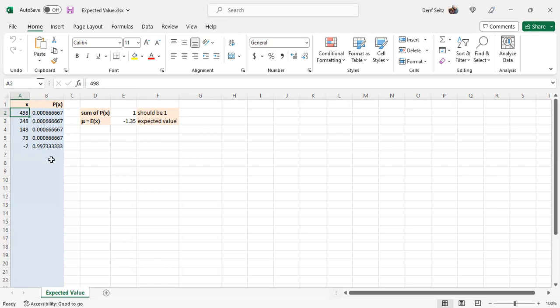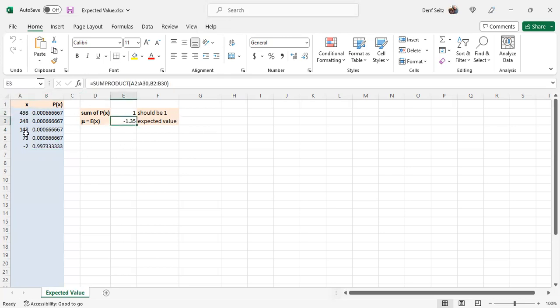So this data on the surface just looks like some random data, but it actually represents something of interest and shows that you don't have to always enter the probabilities as their answers. You can use formulas that represent the probabilities.